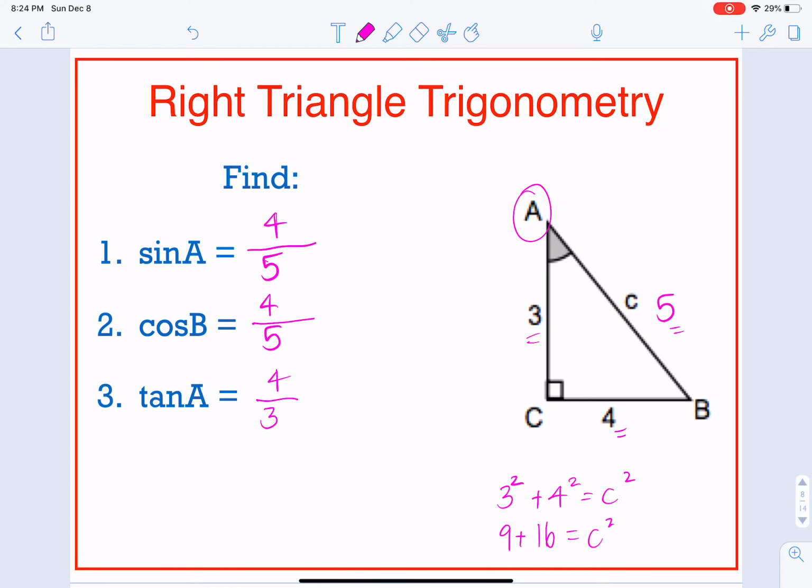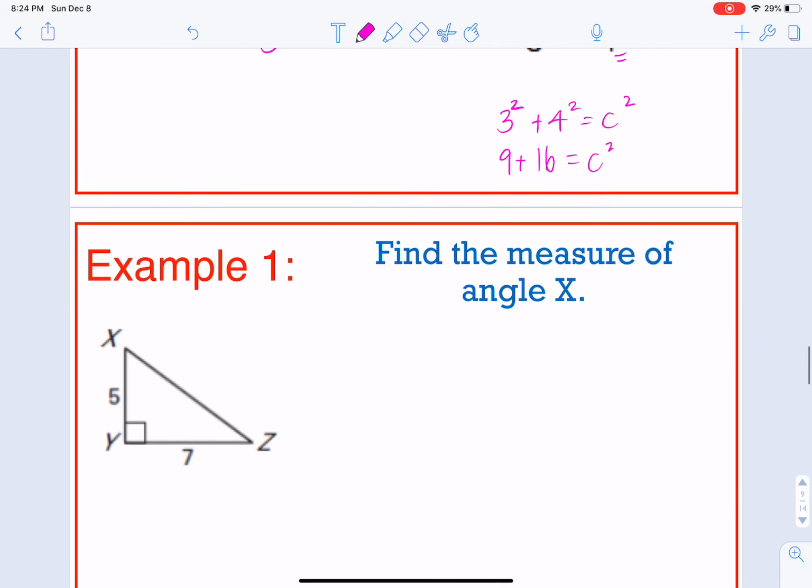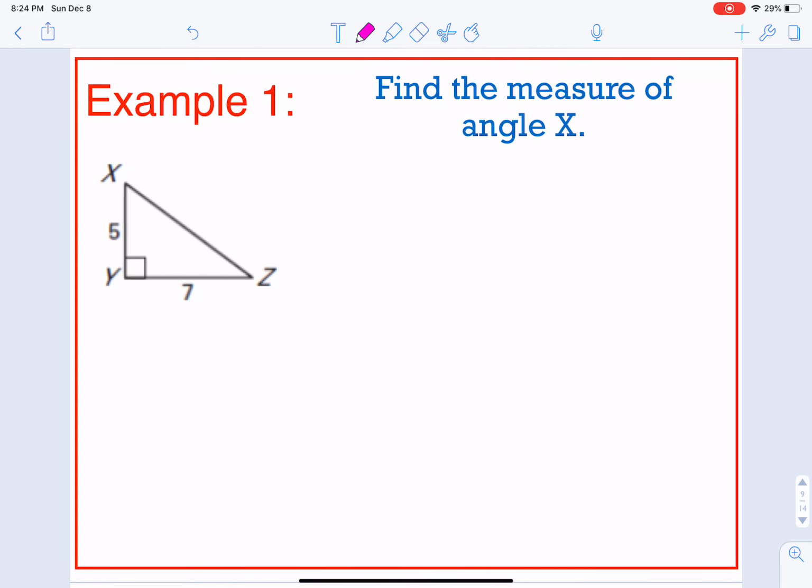So you'll notice I don't know any of these angle measures except, of course, for my 90-degree angle. We wouldn't be able to use right triangle trigonometry if we didn't have a right triangle to begin with. So I know that that's 90 degrees, but I don't know anything about the measure of angle A or the measure of angle B. So let's take a look here.